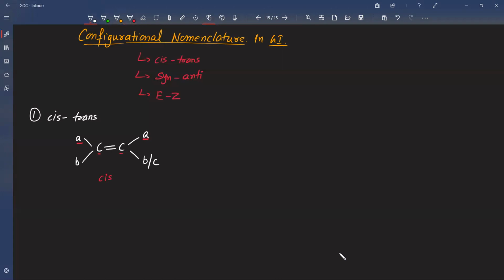And if they are on the opposite side, that is, if you have C double bond C, here you have A, and on the second carbon A is on the opposite side, this is called trans. So if you have one pair of substituents on the opposite side, that will be called a trans configuration. You have a trans configuration and a cis configuration. This is the difference.